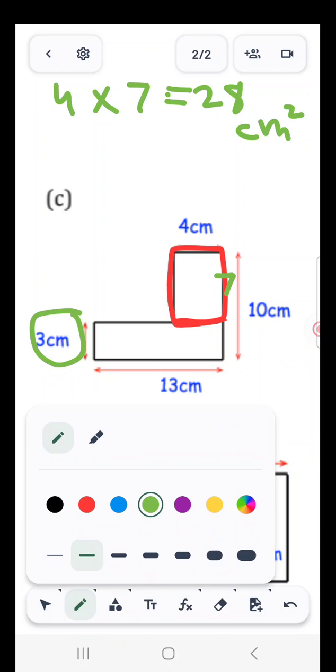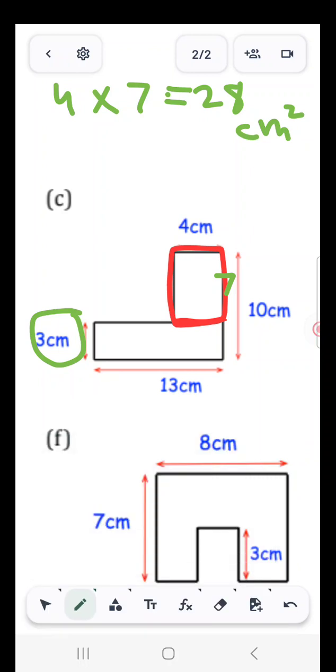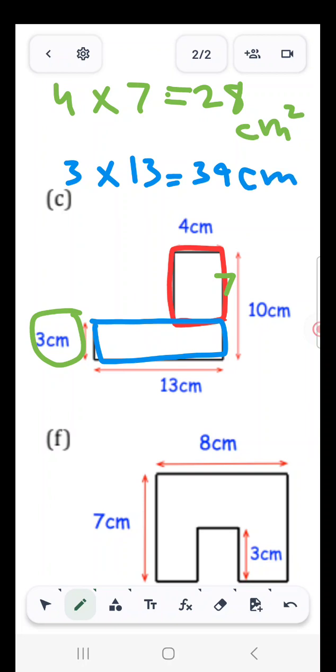And the bottom rectangle is like this. It is 3 times 13, because area means length times width. It doesn't matter whether you write the length first or the width first. It has to be multiplied, so its arrangement doesn't really matter. 3 times 13 should be 39 centimeters square.